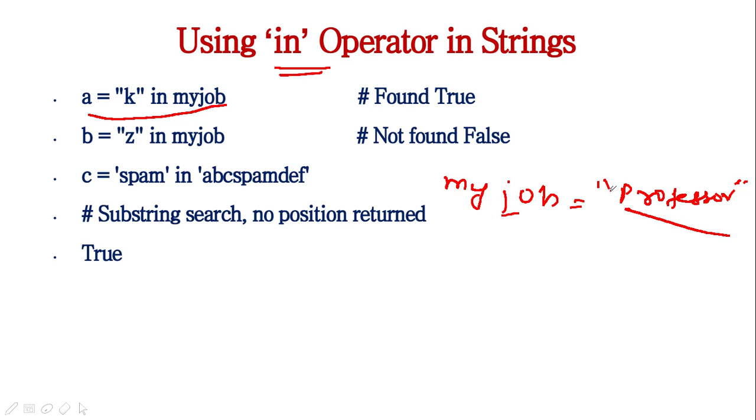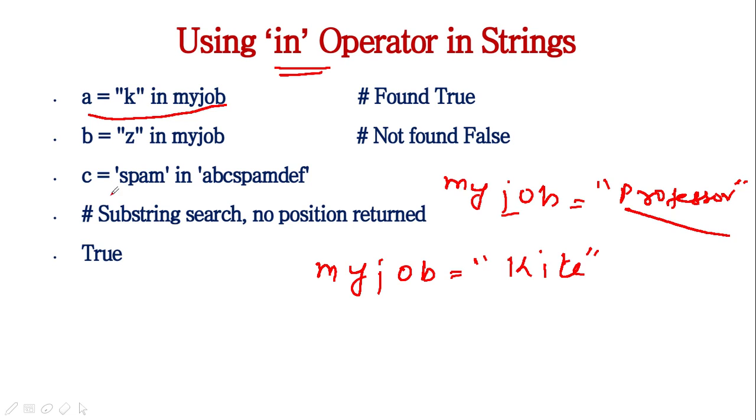No, it is not present, so you will have it as false. Here the string is different. Maybe if I say my job is like kite, for example, then K is present, right? So if I check K in my job, it will be true when K is present as a part of the string. Otherwise it will give false, right? So A will have a boolean value as true or false. So the in operator returns a boolean value.